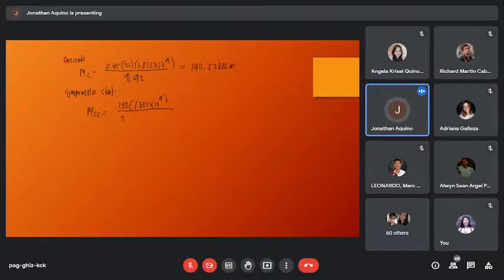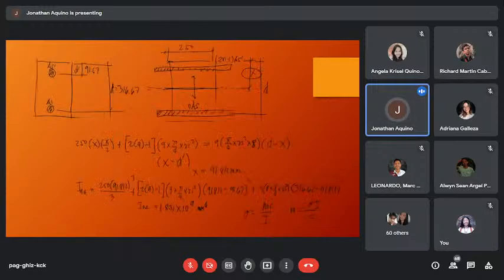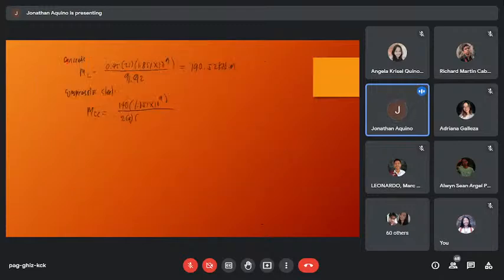So 2n, 2 times 9 times the distance from the centroid to the compression steel, x minus d prime. So x natin is 91.812 minus d prime of 91.67.